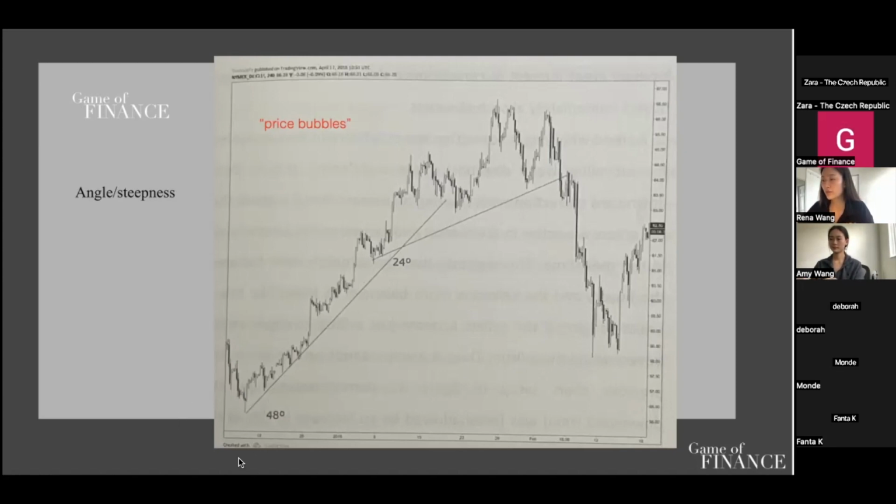In context, this is steeper than 24 degrees. And as the trend is slowing down, it indicates a trend reversal. So in this image, the angle of the trend waves describes the length of the trend. Decreasing angles and longer correction waves at the peak indicate a downward trend is coming.